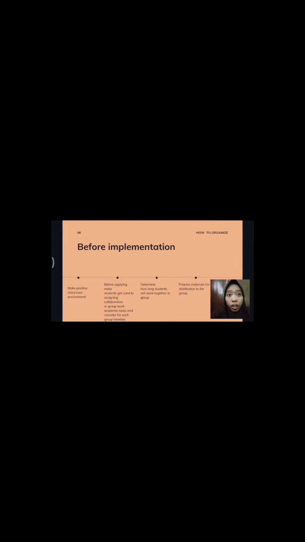What should we apply before implementing cooperative learning in our class? There are four tips for this. The first is make a positive classroom environment.